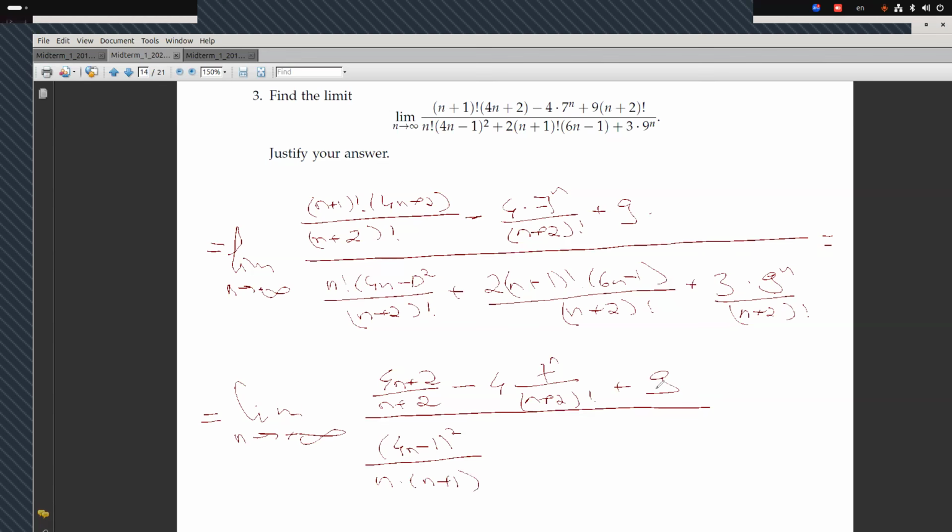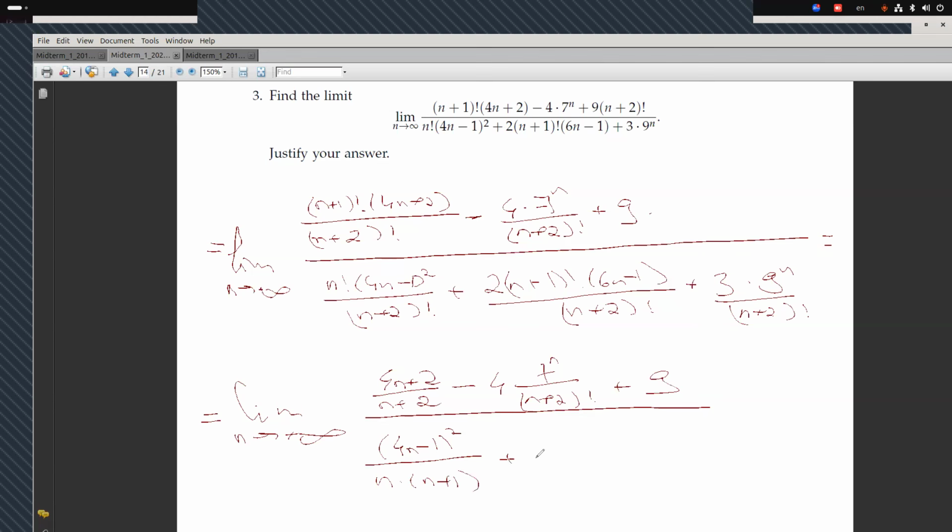Next term, (n+1)! over (n+2)!. Again, we will get (n+2) in the denominator. So (6n-1) divided by (n+2). And at the end, we have 3 times 9^n divided by (n+2)!. And we are ready to pass to the limits.